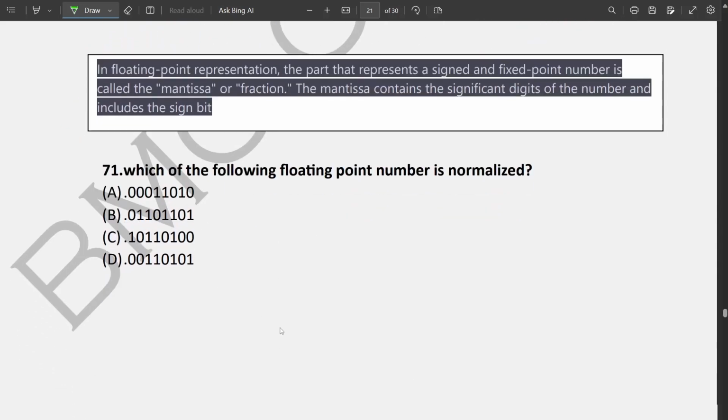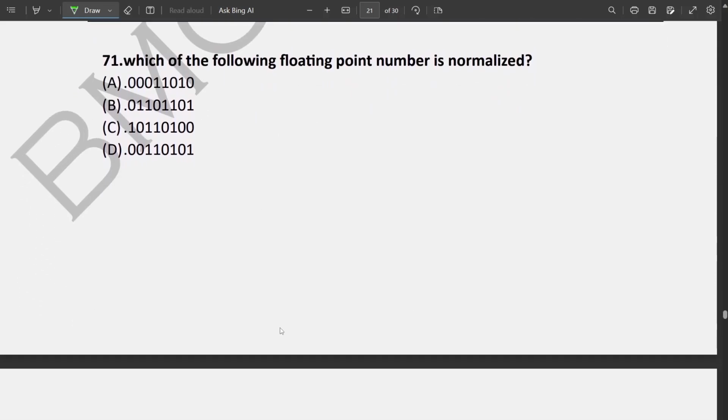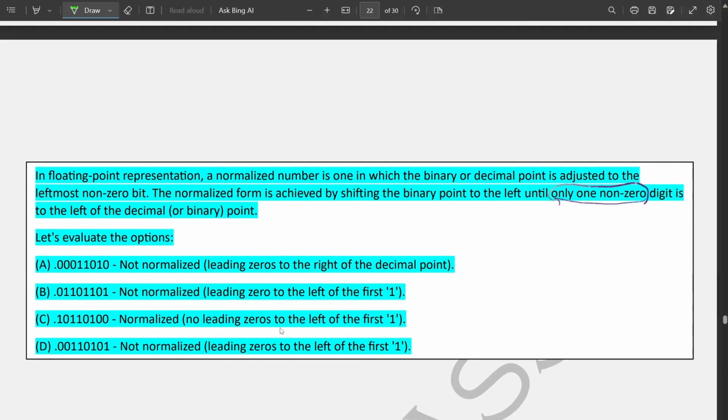Next question, 71. Which of the following floating point numbers is normalized? So the answer is C. Now you will ask how. The reason is this. In floating point representation, a normalized number is one in which the binary or decimal point is adjusted to the leftmost non-zero bit.